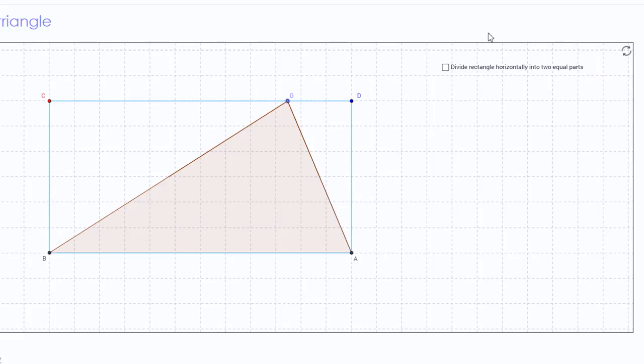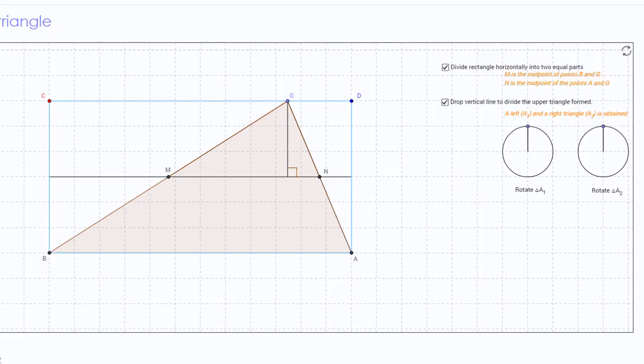I'll start by dividing the rectangle into two equal parts, like that. And then I'll drop a vertical line to divide the upper triangle formed. And then I'm going to move each of these little triangles over here, and then this one over the other end. This is what I mean.